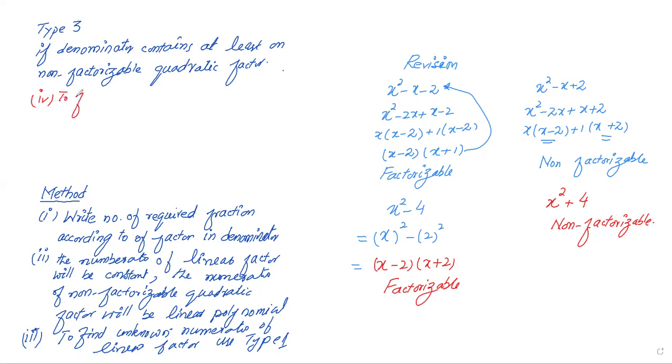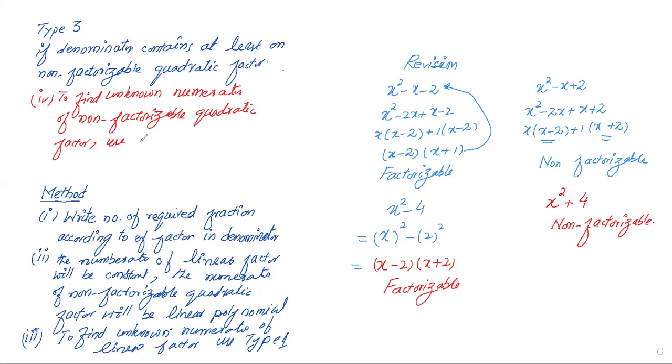To find the unknown numerator of the non-factorizable quadratic factor, use comparison of coefficients. I will explain these things.